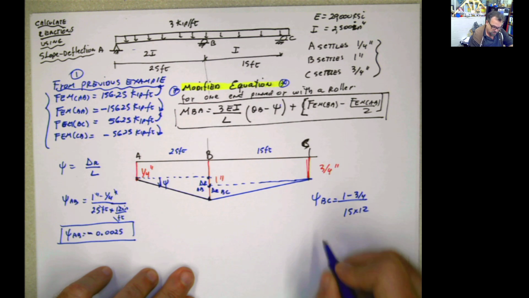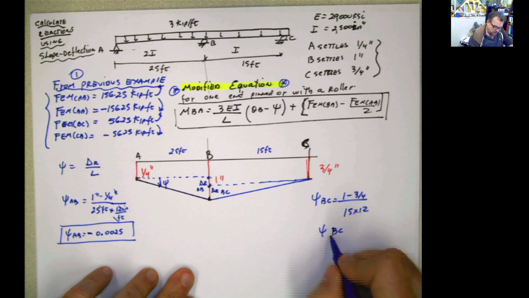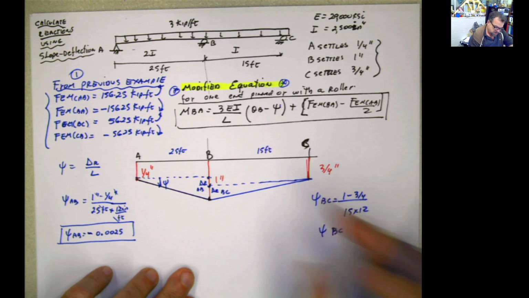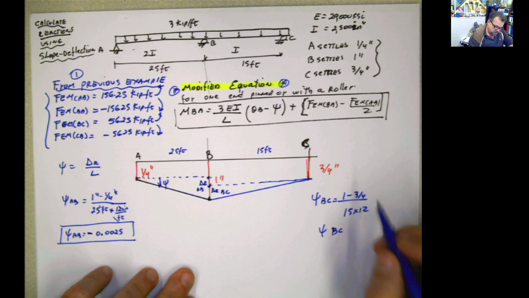Remember, this is the unit conversion. I call it psi BC just to differentiate the side for this span and the side for this span.